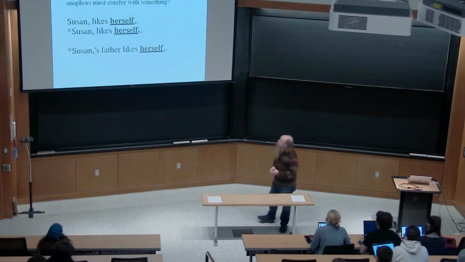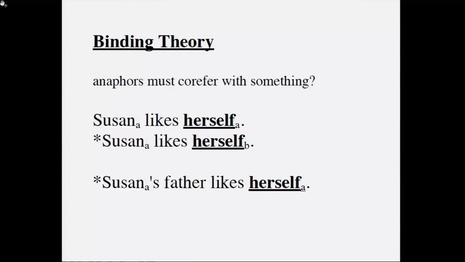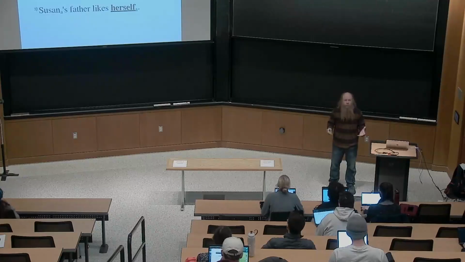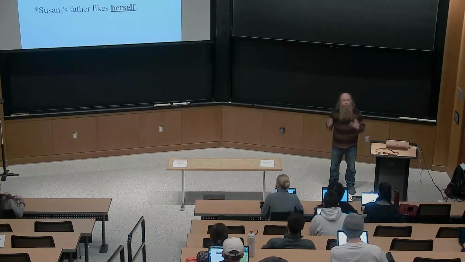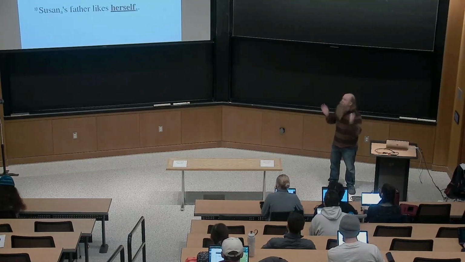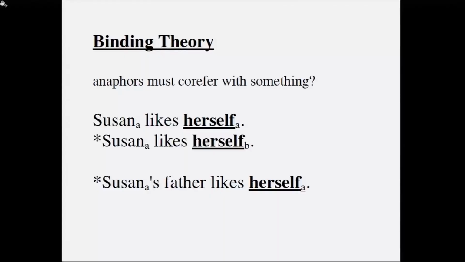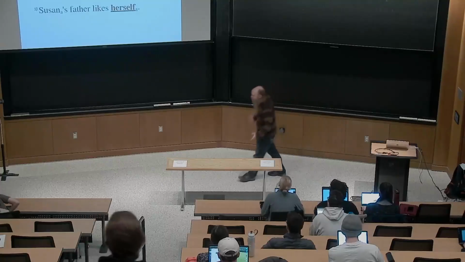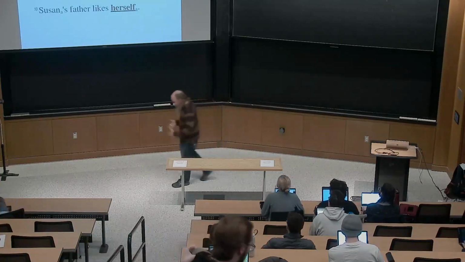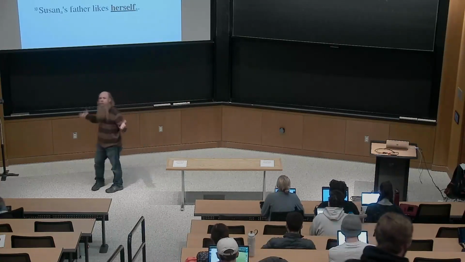Susan likes herself is fine, but Susan's father likes herself, where herself is Susan, is no good. One hopes that Susan's father likes Susan, but this is not the way to say it. So herself can't refer back to Susan in a sentence like this, which knocks out some of the simplest, easiest theories you might have had from the first batch of sentences on the earlier slide.